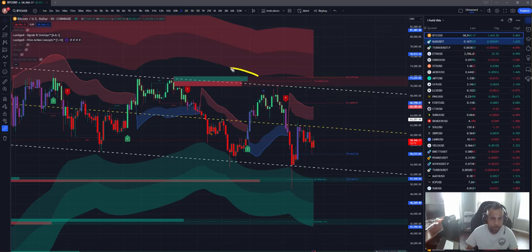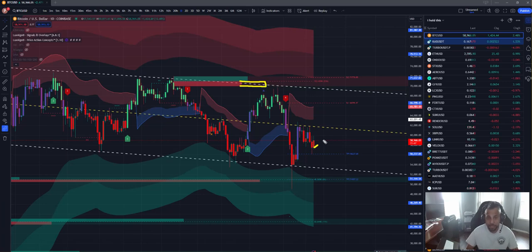Now you see this green and red section here. If the green is longer than the red, that means the buyers will get tired before the sellers. When the buyers get tired, it's gonna force the price to move back down. Now if this red was longer, that means the sellers would get tired.